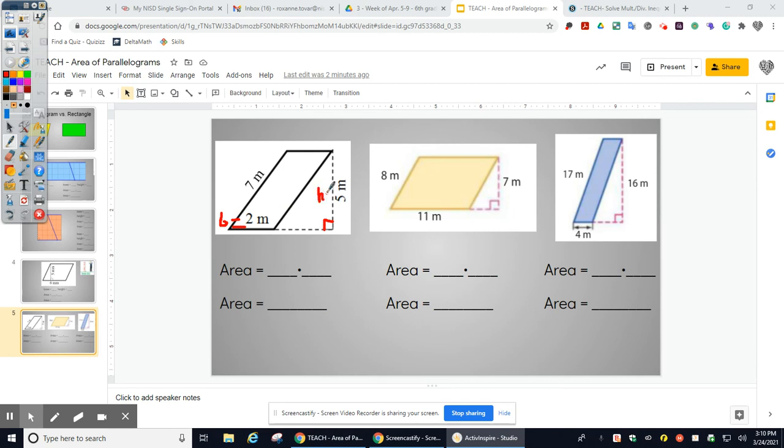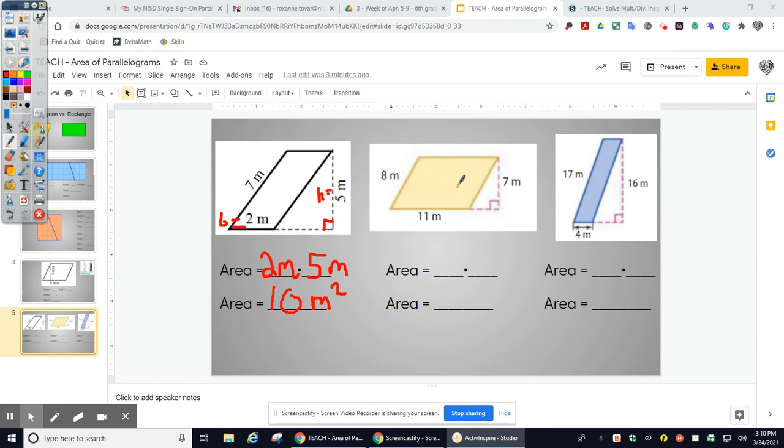Our height is going to be the 5. Remember, because we want that straight line, that height. When you go to the doctor's office and you take your height, you stand nice and tall. So we're going to do our base times height. And here our base is 2 meters. Our height is 5 meters. And our area altogether would be 10 meters squared.